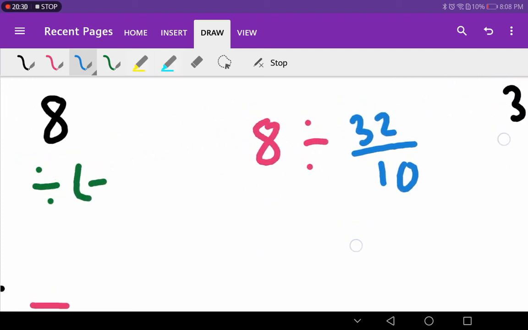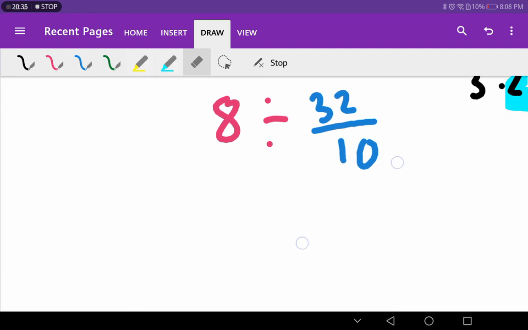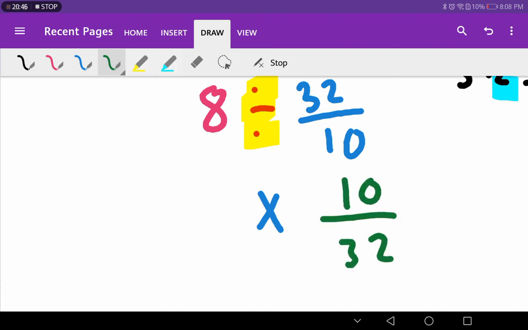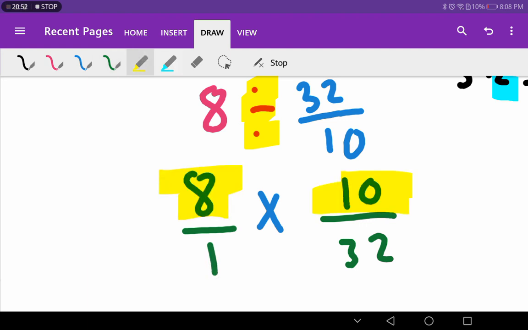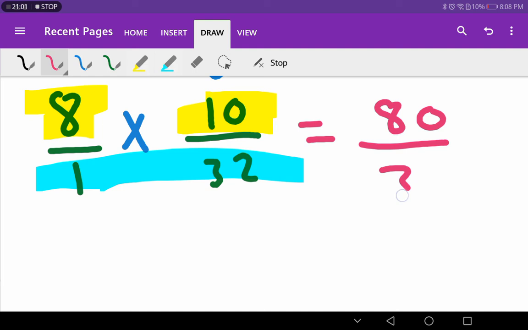And as we learned how to divide a whole number by a fraction, I convert this to multiplication. In return, we have to flip this, 10 over 32. And the 8 comes down over 1, yes? Up with up, and down with down. Okay? So 80 over 32.